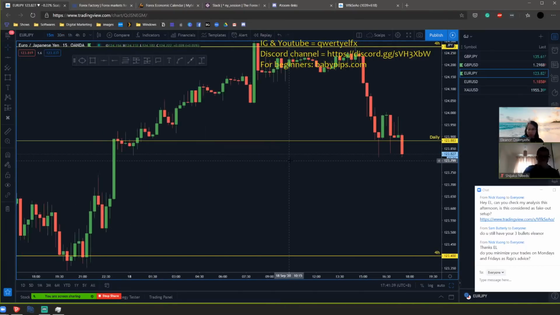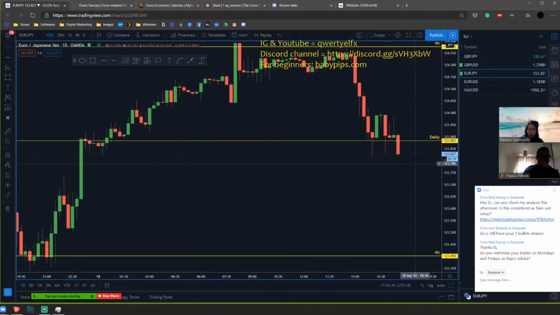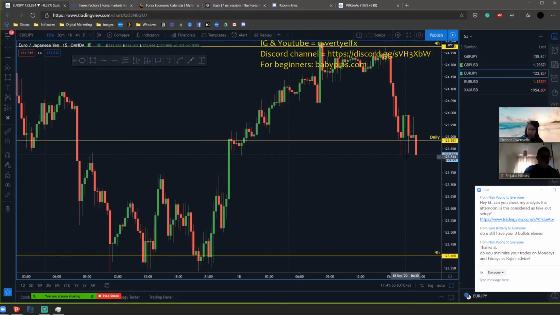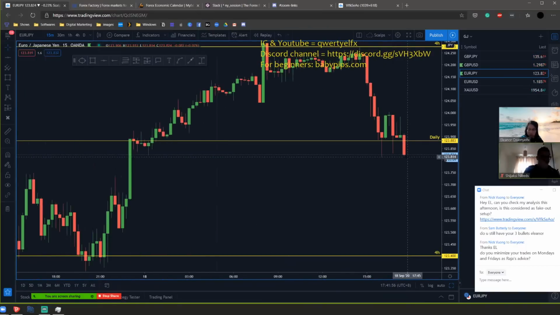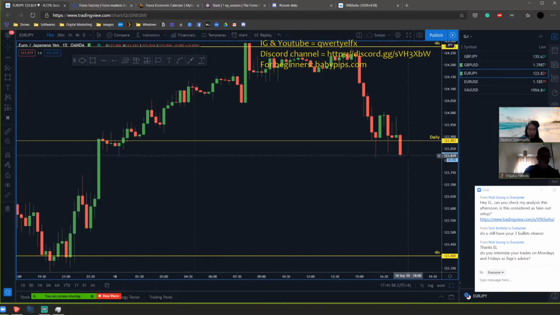So I am fairly confident to take a shot off the 15-minute resistance, but I would need this candle to close below everything. If it stops here at the wick, I will be waiting for the 30-minute close. Yeah, that's what I'm seeing, because I don't want it to bounce off this area.